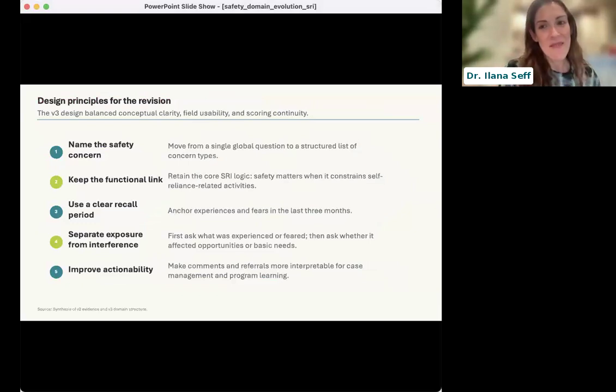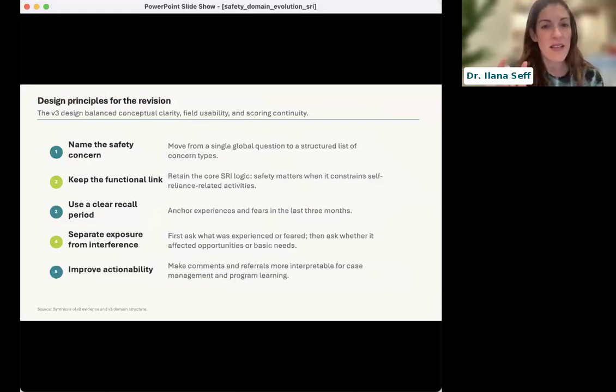So just to highlight, after we did all of this review, we had a few things we knew we wanted to achieve with the new domain. So we realized we're going to need to move from one single question to asking about a list of various safety concerns. So we can actually know in the tool what the issues the household is facing are. We wanted to still keep this notion that what we're interested in is how safety is impacting self-reliance specifically.